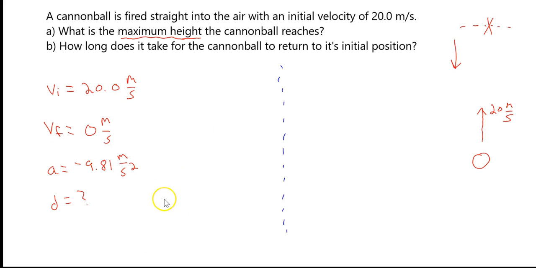So it turns out there are two ways that we can solve this problem. One way is we can find the time, and we can find the average velocity. Another way is we can go right to our kinematic equations that you're going to find on your reference table, which relate all of these variables together.